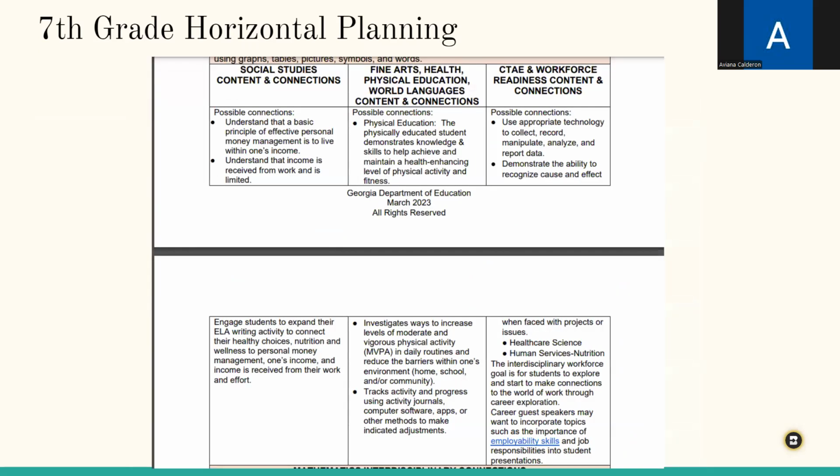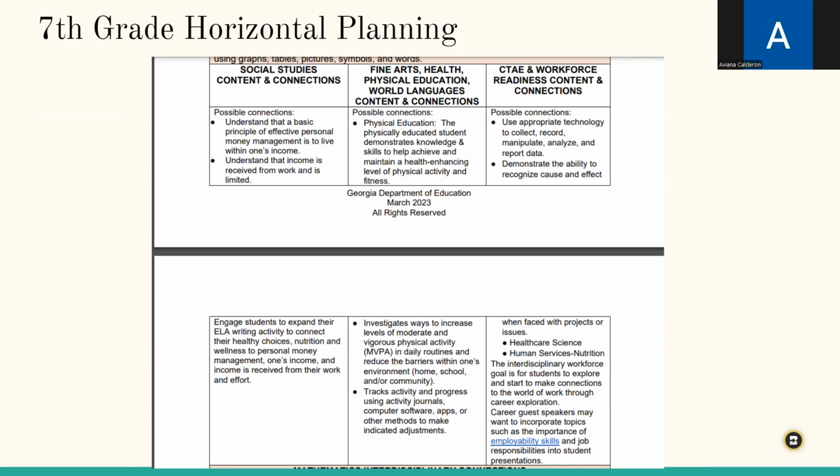We have our social studies, fine arts, and CTAE horizontal planning as well. Social studies is related to ratios and proportions, as it understands that a basic principle of effective personal money management is to live within one's income. It relates to fine arts, health, physical education, and world languages.